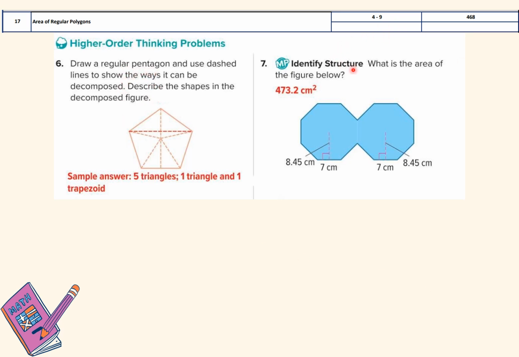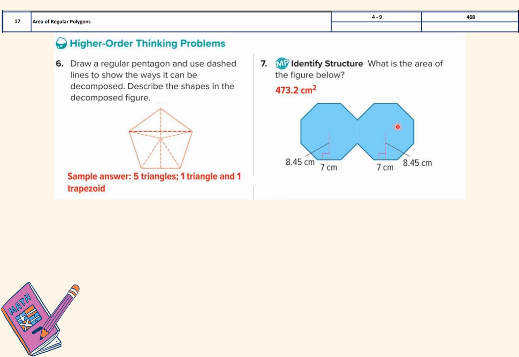Question number 7. Also, I'm going to briefly explain the idea of that question. Here you have 2 polygons. First, you need to count the sides. 1, 2, 3, 4, 5, 6, 7, 8. So these are 2 octagons. And as we did in the previous question, we need to find the area of each triangle first, and then you're going to multiply the answer by 8 in order to find the total area.